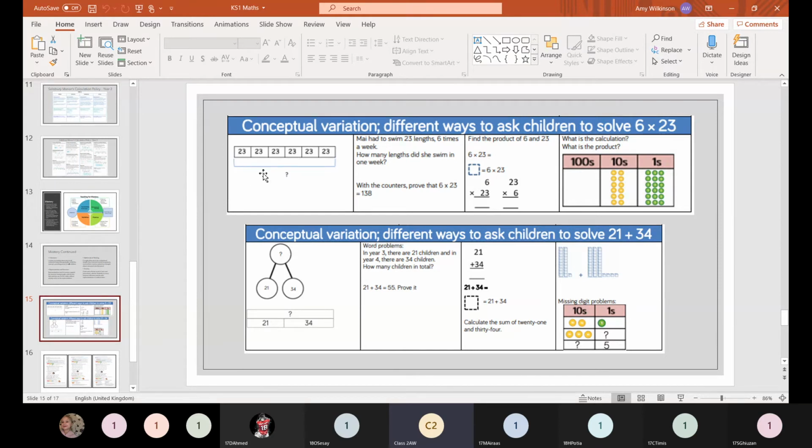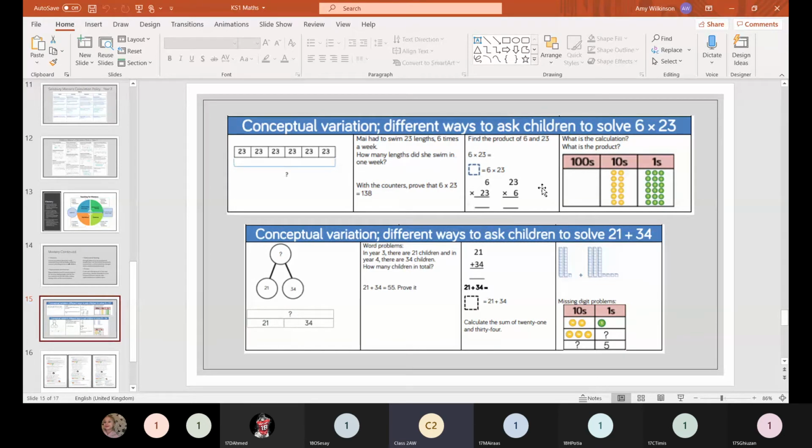So you can see this bar here has the number 23 6 times, and then you have to find the answer. You've got word problems, and then we like to do a lot of this, so proving that something is true. So again, it brings in physical things, so saying with counters, prove this.